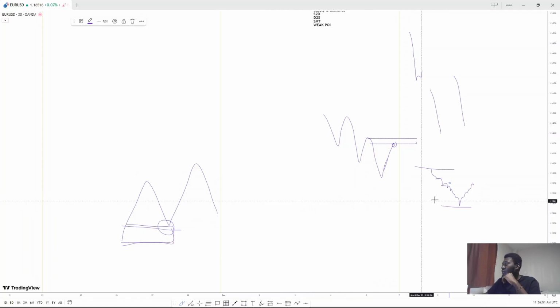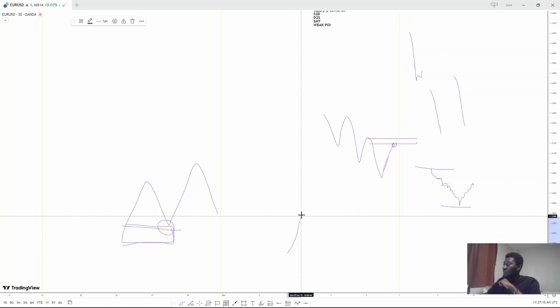Now let's continue. So now when a complex pullback is about to begin, internal structure gets broken. Now when this internal structure gets broken, you ask yourself, what is about to happen? You get it? You ask yourself, are supply or demand saturated now?